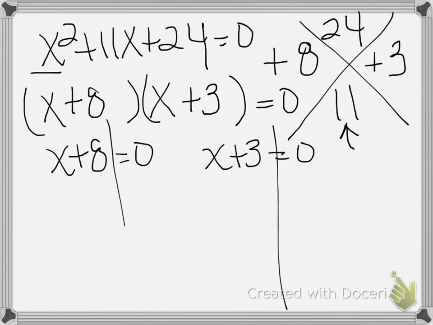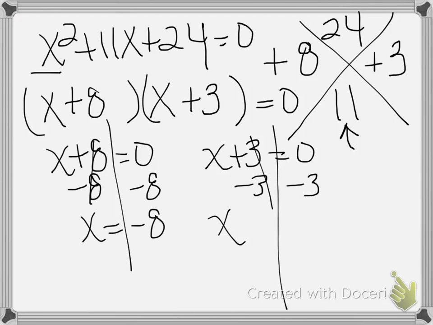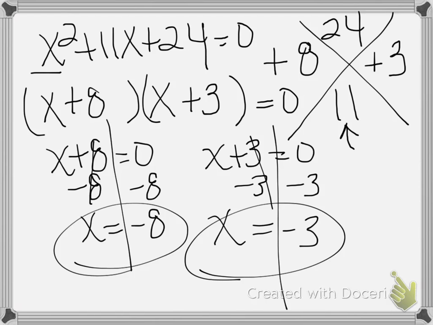Draw your fence and show your work on how you got x is -8 and x is -3. And you can always go back and check by FOILing out this right here, and you should get back to this. So everybody should get 100% when it comes to test day for this.